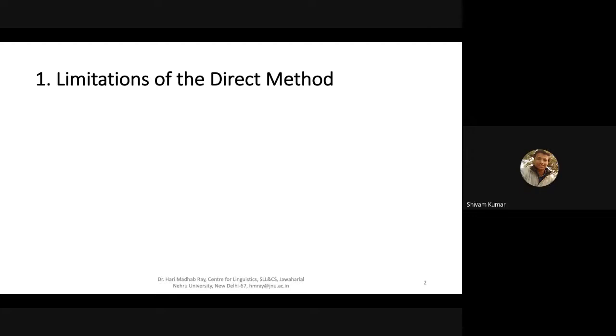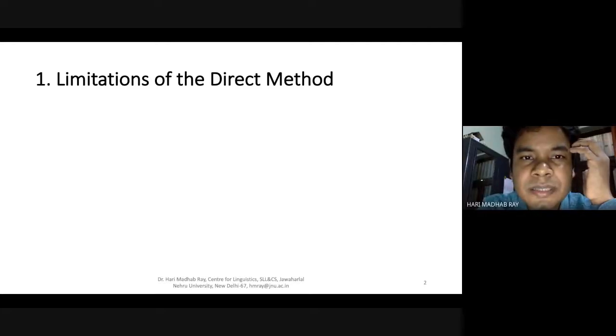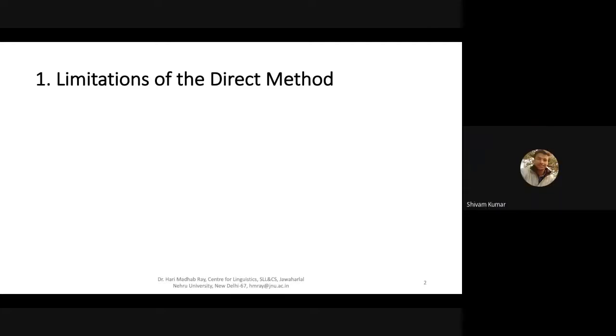Sir, this is Shivam Kumar. Yes, Shivam, please, briefly. Sir, first, it is not applicable to large classes. Second, it excessively keeps the mother tongue of learners away from them. Third, due to the lack of native teachers in those areas, or they are expensive.